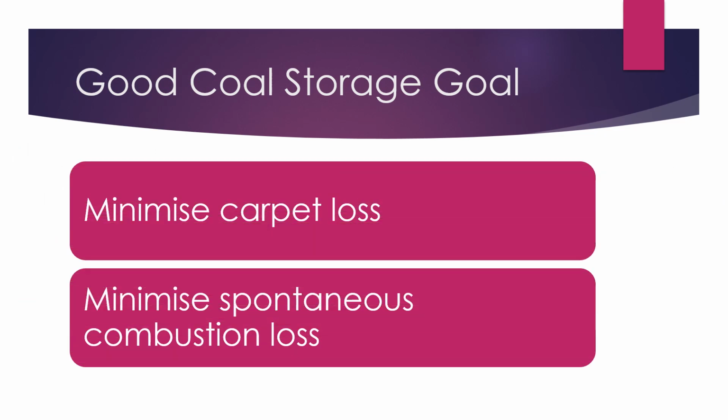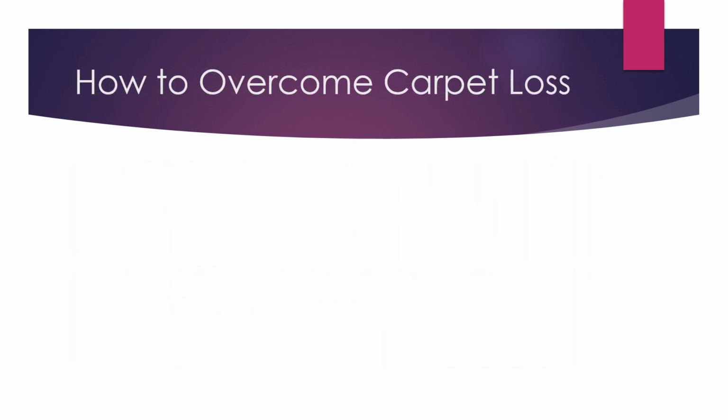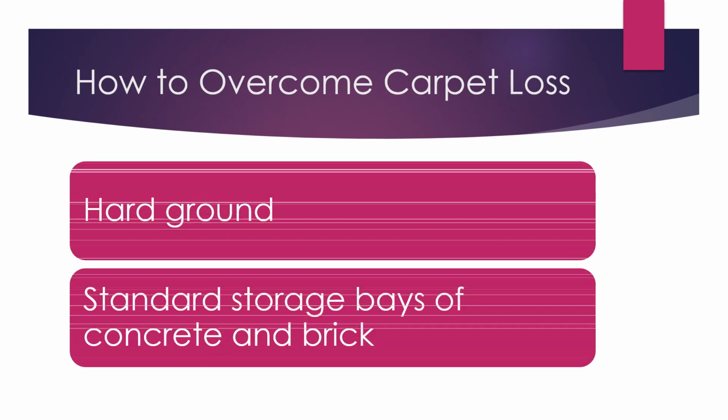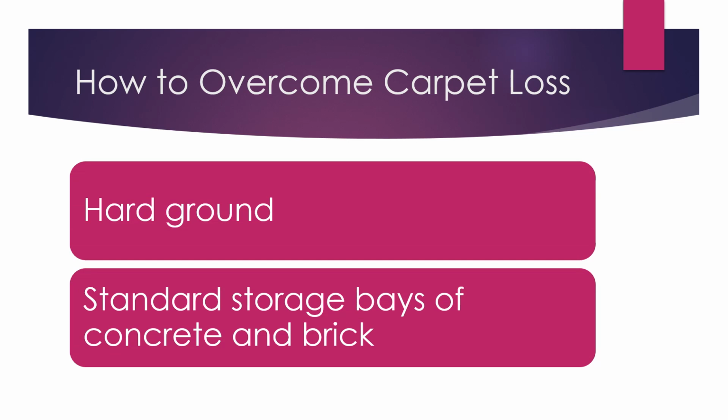Now, the goal of good coal storage is to minimize carpet loss and to minimize spontaneous combustion loss. Now, how to get rid of carpet loss? The first and foremost is to prepare a hard ground below the storage yard.